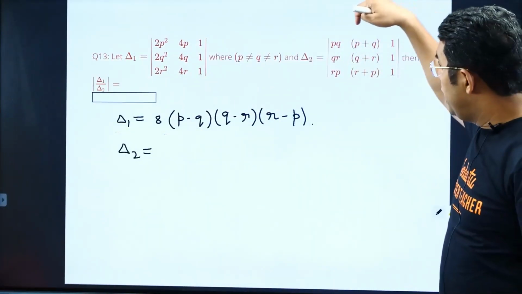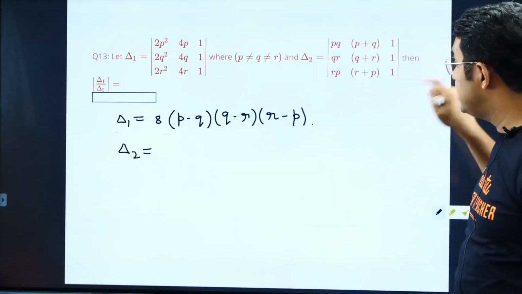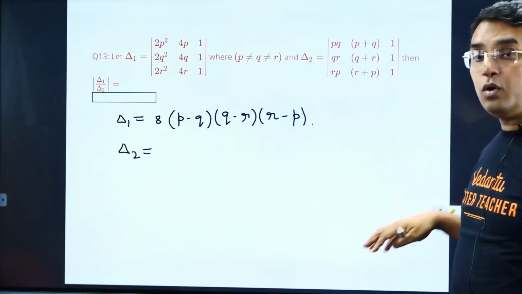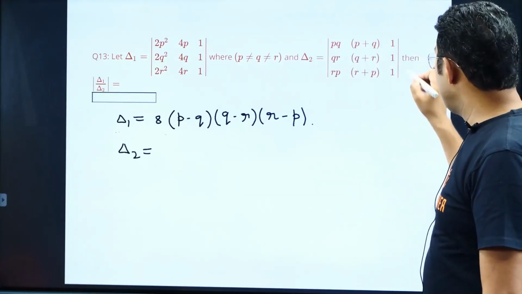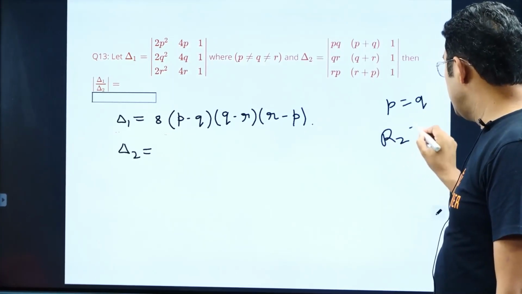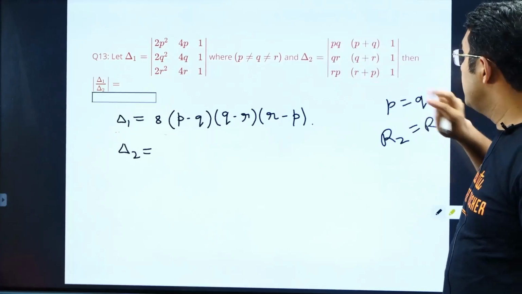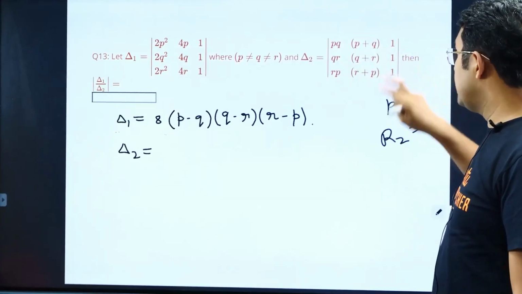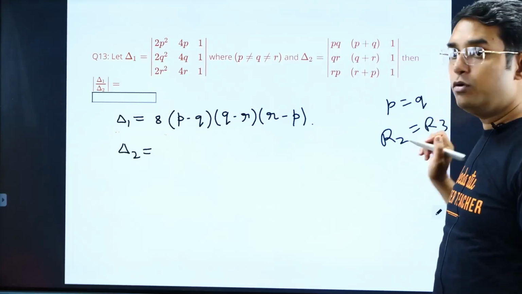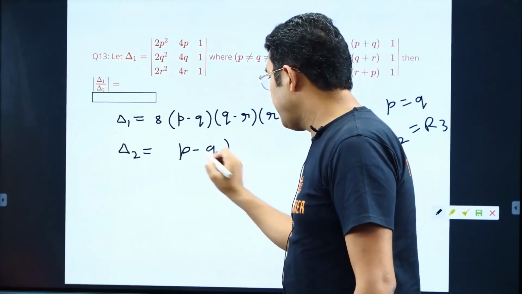Now you can check, if I put P equal to Q, you can see that the second row and third row will become identical. If I put P equal to Q, then your R2 and R3 become identical: P, R, and here also P plus R, P plus R. So the second row and third row will become the same if P is equal to Q. So can I say that P minus Q will be one factor?